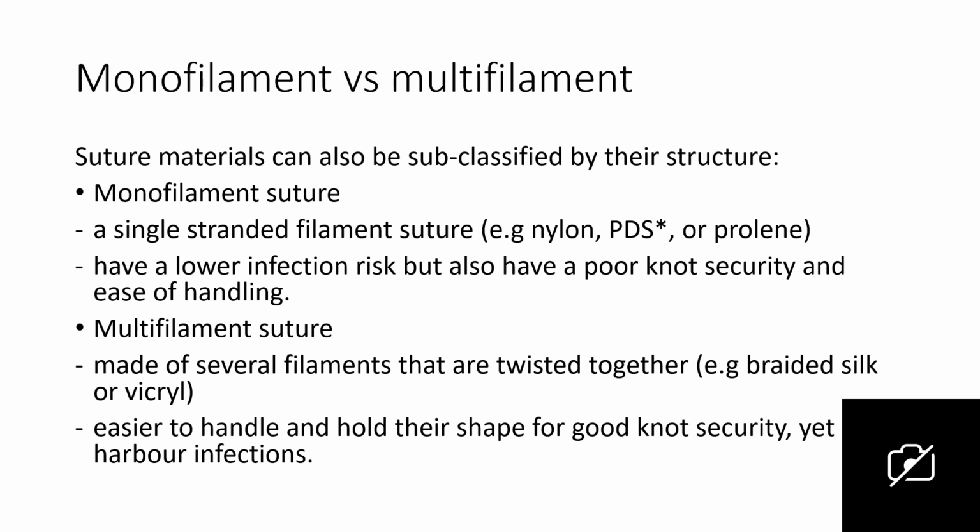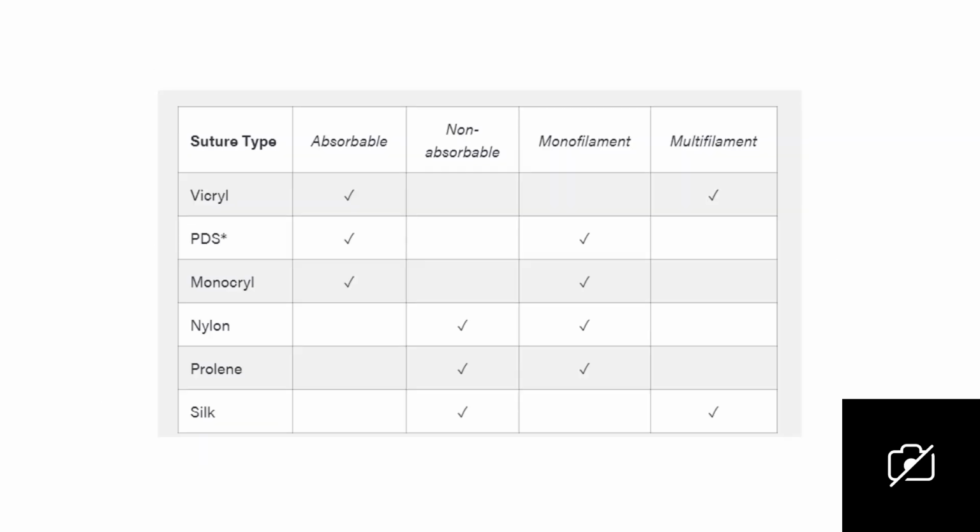A multifilament suture is made of several filaments twisted together, for example braided silk or Vicryl. It is easier to handle and holds its shape for good knot security, yet may harbor infection. So these are the types of sutures: absorbable, non-absorbable, monofilament, multifilament.